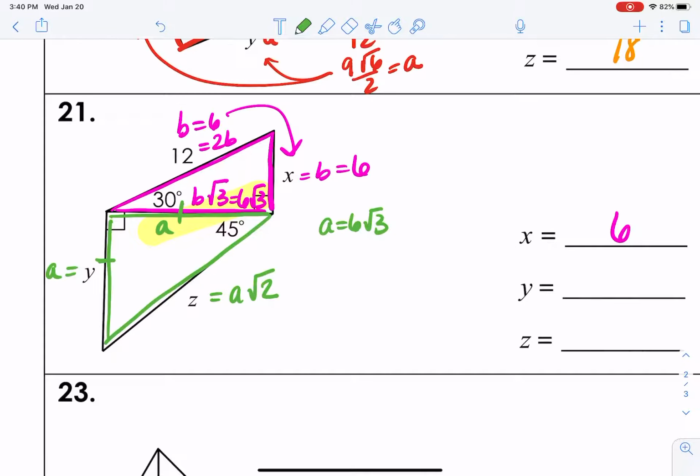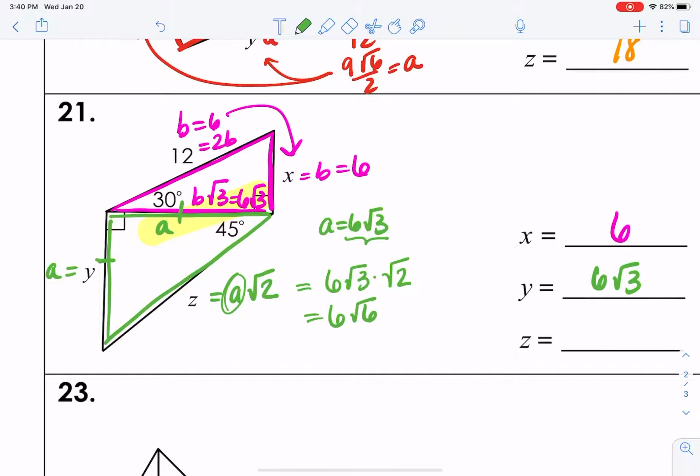So that helps me to identify Y. But then I have to substitute all of this right here so that I get 6 square root of 3 times the square root of 2. And that becomes 6 square root of 6.